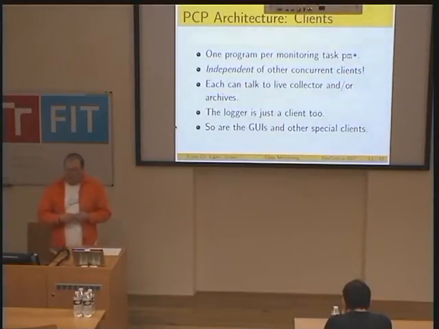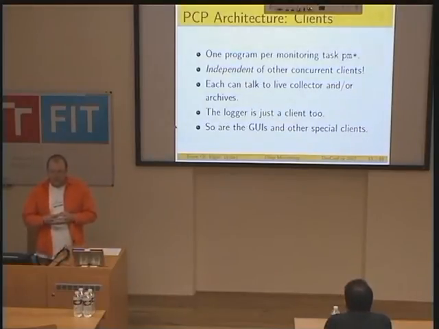Now, how does one actually use all this data? Performance Copilot comes with dozens of tools, generally little programs, but some larger ones too. And each of them is capable of either talking to a live collector, so consuming live data either from the local machine or any of the machines on a network, or can read the archive files that are being generated by a logger.